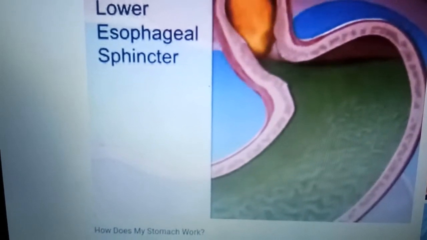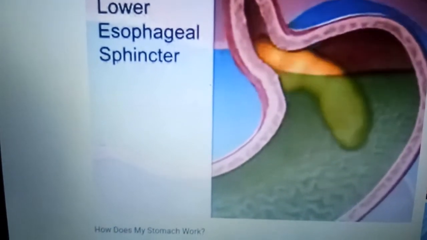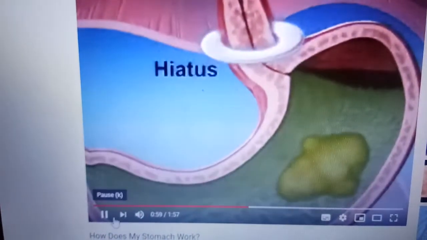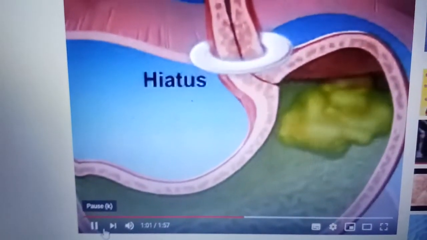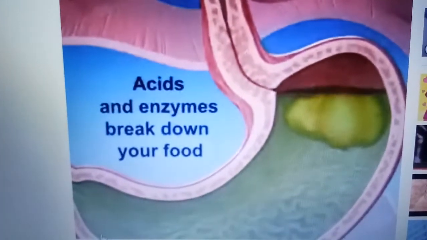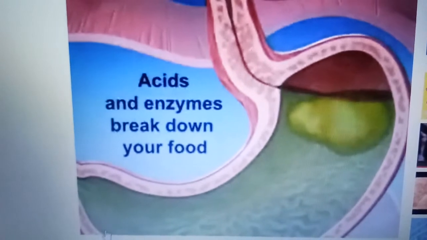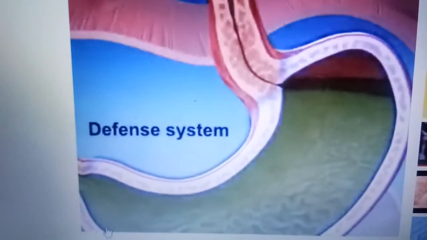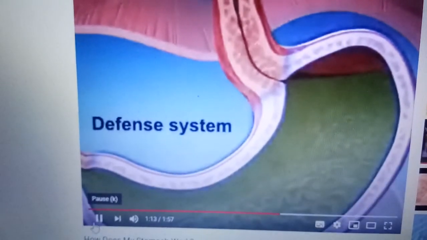Then, the sphincter closes to keep food and stomach juices from going back up into the esophagus. The hiatus also helps close off the entryway to the stomach. Inside your stomach, strong acids and enzymes make up the stomach juices that break down your food. Your stomach has special mechanisms that help protect itself from these strong juices.